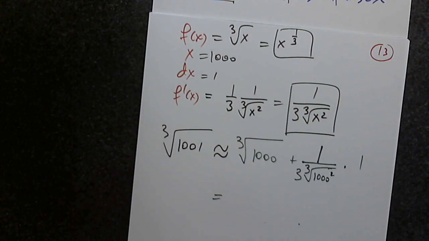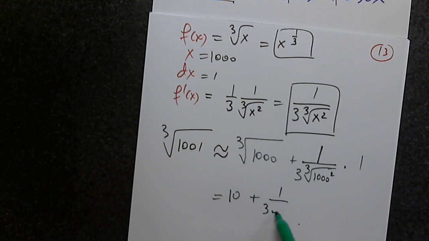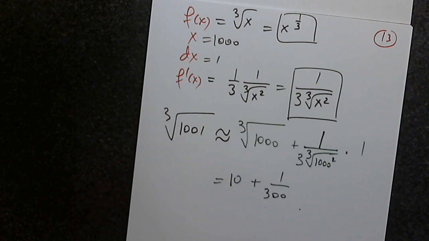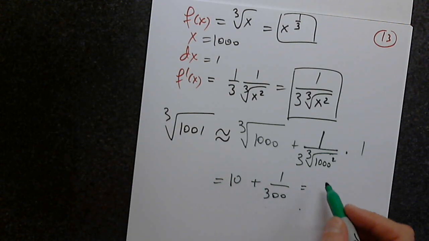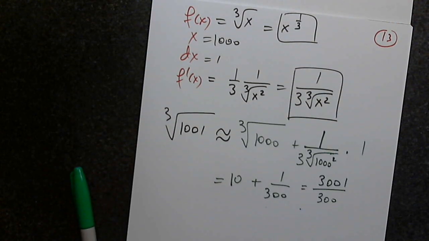How much is the cube root of 1000? 10. How much is the cube root of 1000, but then squared? So this is 3001 over 300. That's it. Let's do that together. Let's check.